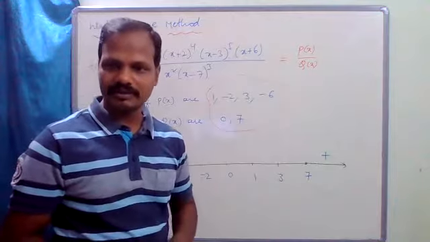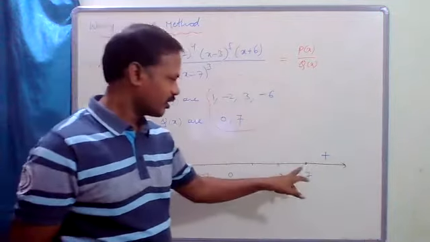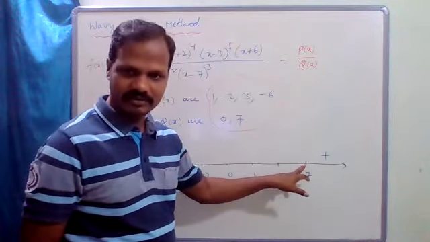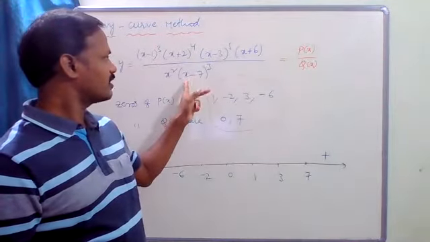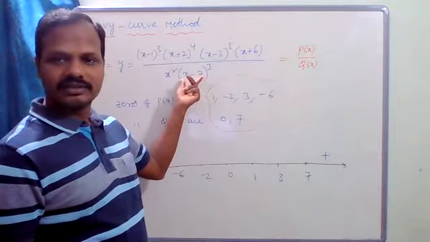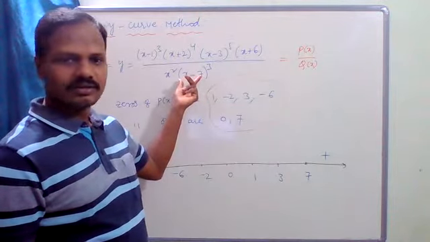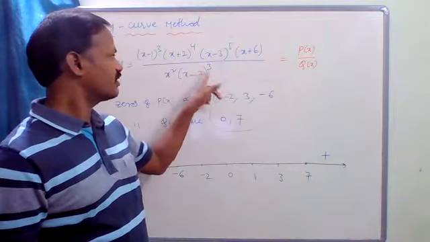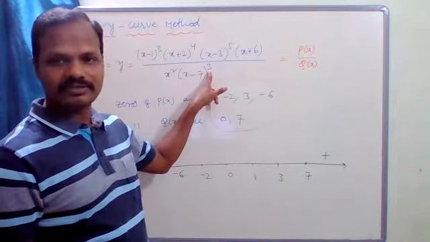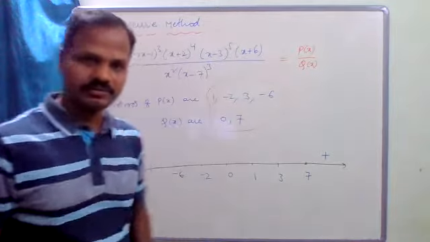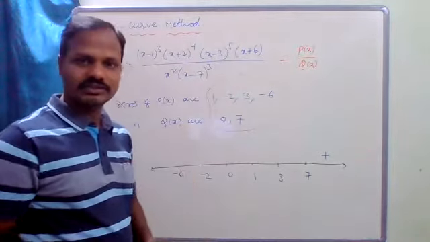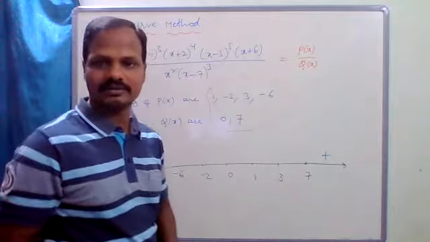So for that purpose, now coming to 7, here 7. What is the power of this root 7? The power of the root 7 is 3, which is an odd number. Listen, this is the most important point. I think we already discussed it in the first year, but we will repeat it again.